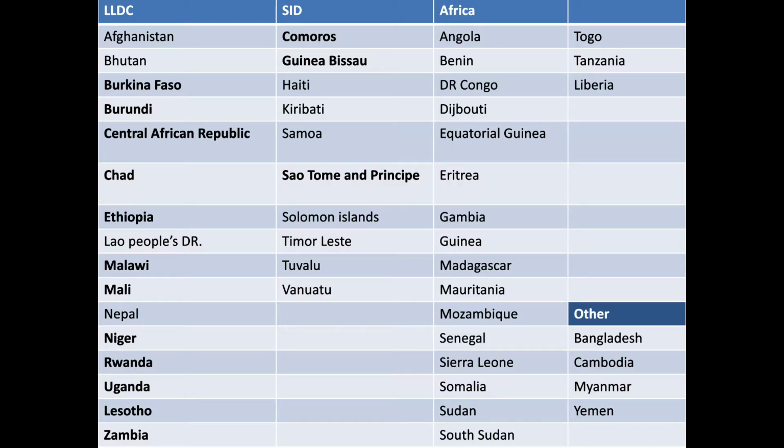Okay, here are the members. Now I want you to notice some trends here. In global governance, we talk about landlocked developing countries, LLDCs. We talk a lot about the benefits of having a coastline. Coastlines allow you to trade. They allow you to have an exclusive economic zone.